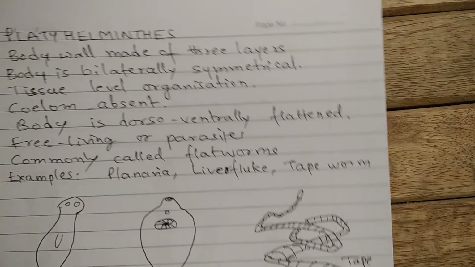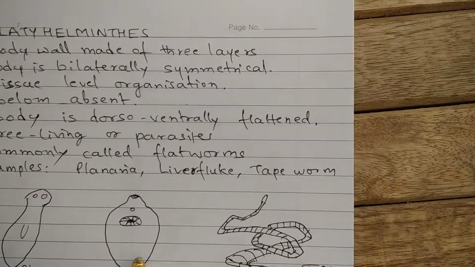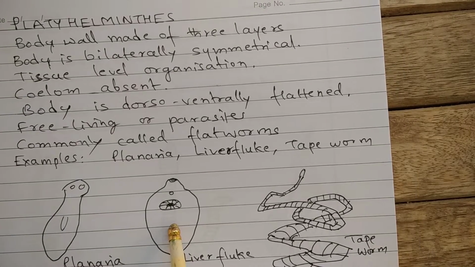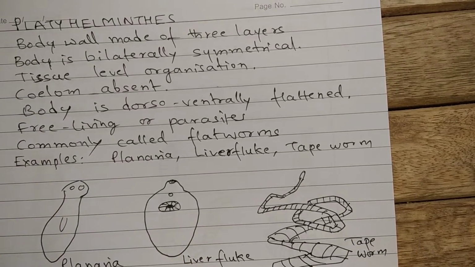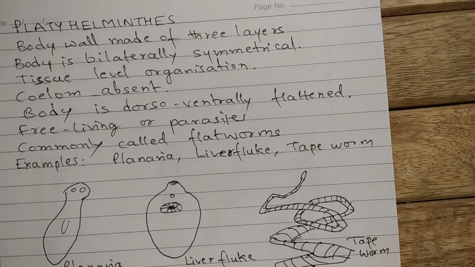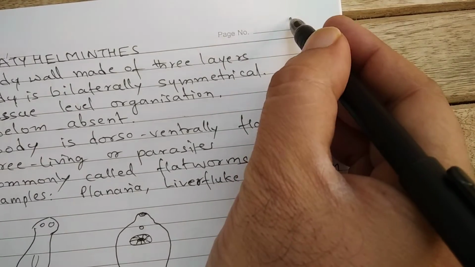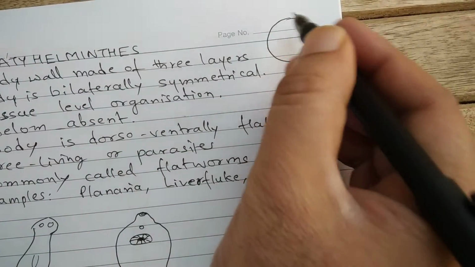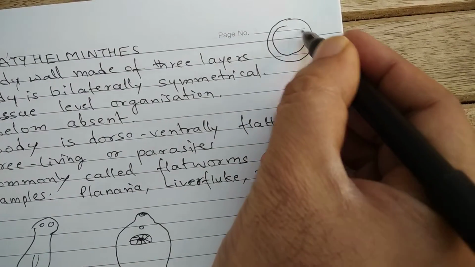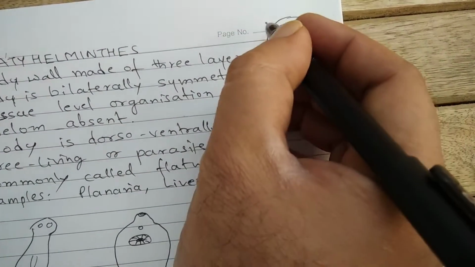Next phylum is Platyhelminthes. Now in case of Platyhelminthes, there is further development. The body wall is now made of three layers. Earlier there were two layers, now there are three layers. So this is layer 2 and this is layer number 3.